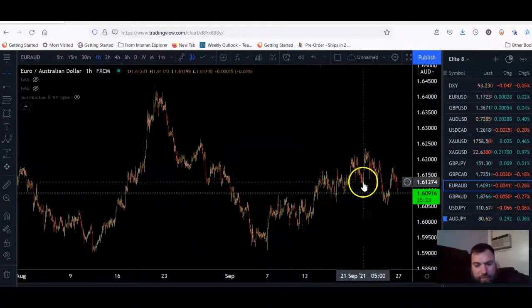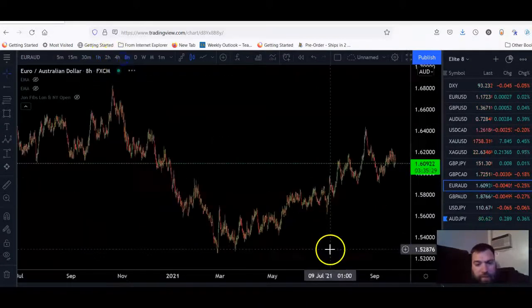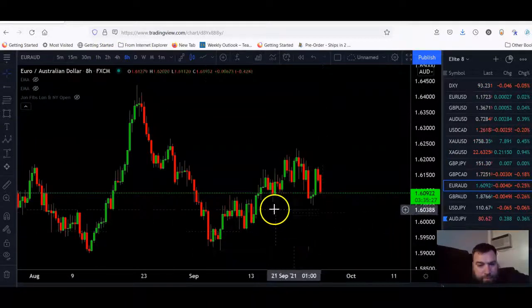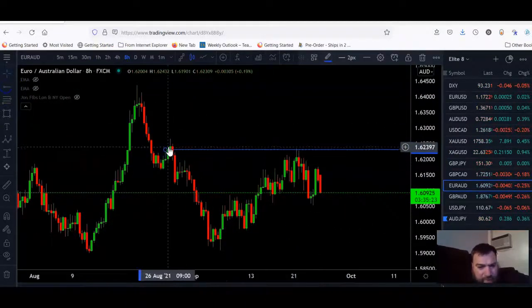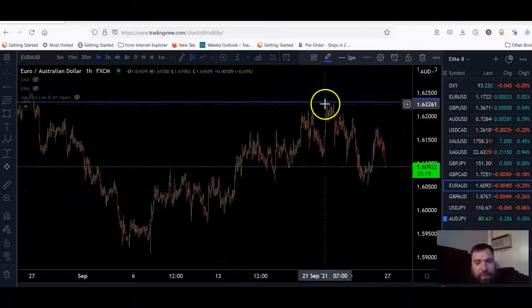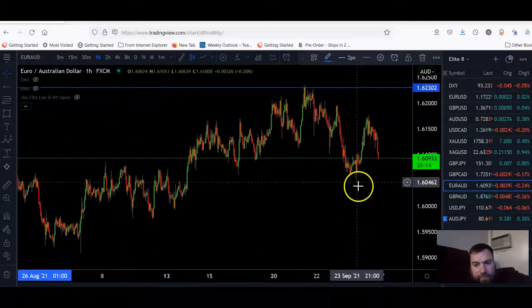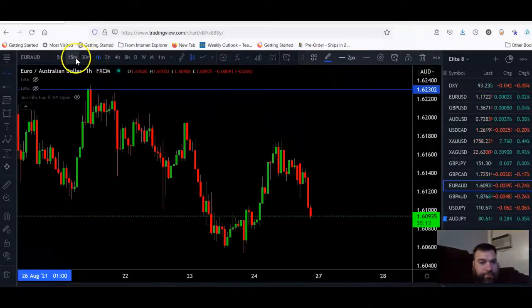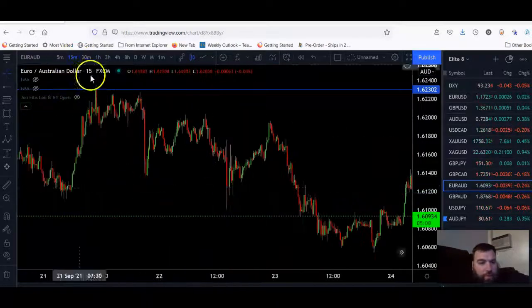This looks like a big flag right here. If you go on the 8 hour, so that's a green candlestick for this push down. As you see, it kissed it right here. Now it's going down. Oh, yeah, right here.